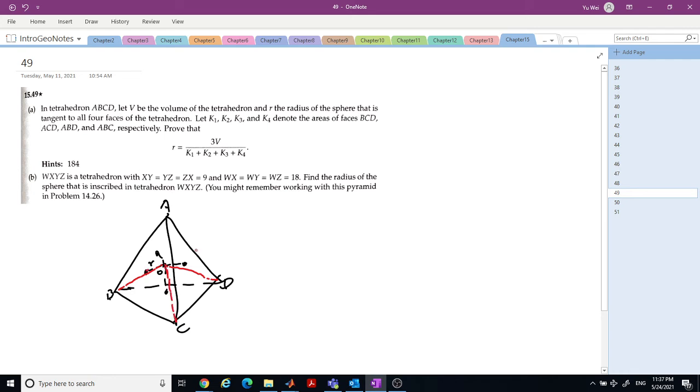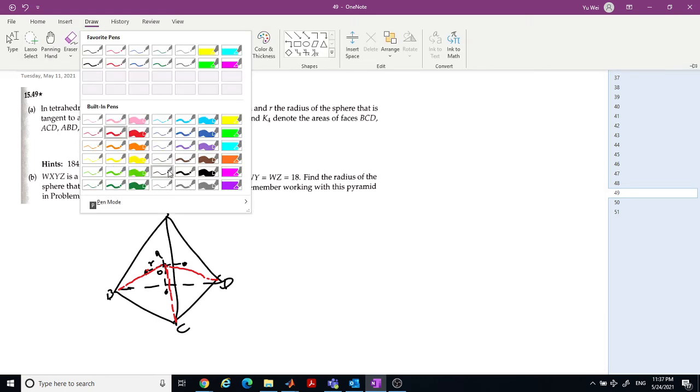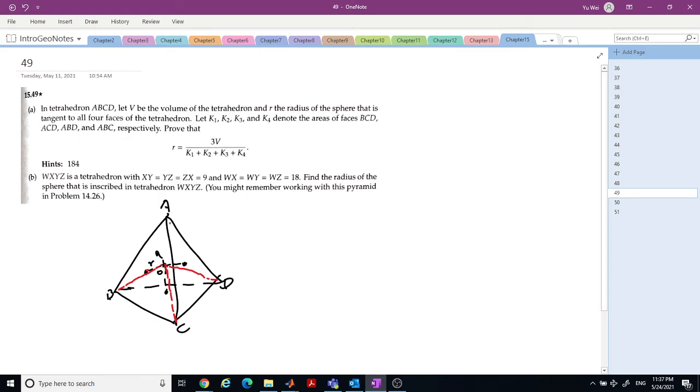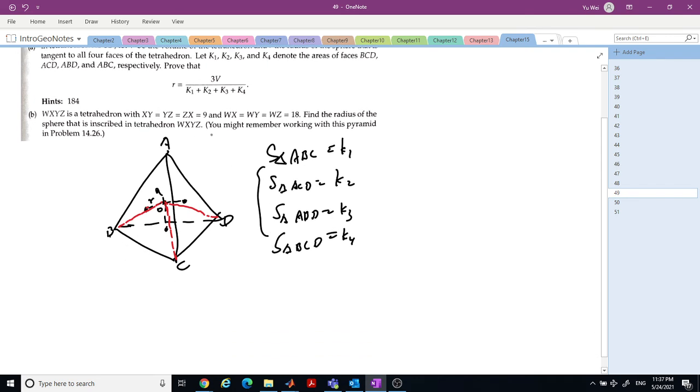Okay, so we have the faces, for example, face ABC with area K1, ACD is K2, ABD is K3, BCD is K4, right? So we want to prove the radius is related to the volume, right?